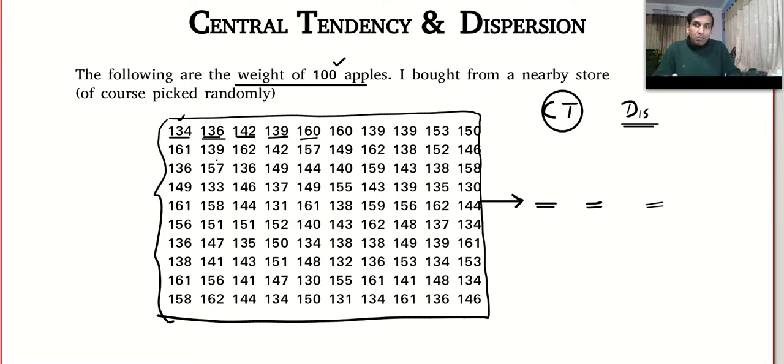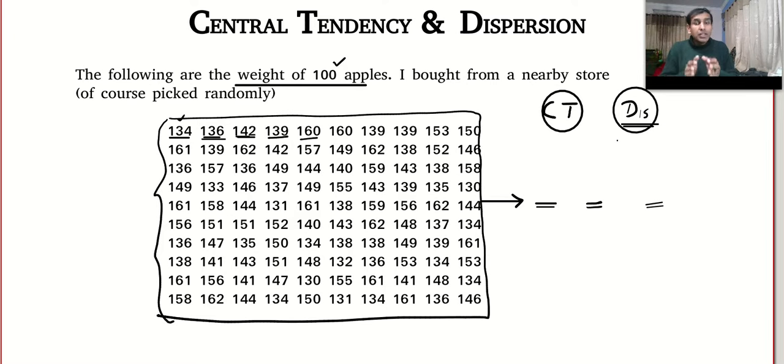Look at this. By looking at all these numbers, I'm able to understand the apple will be between some gram to some gram. So that gives me a range. I'm confident that an apple will never be smaller than this or bigger than this. And that is what we discuss when we learn about dispersion.